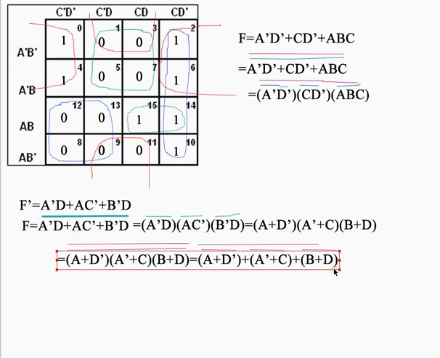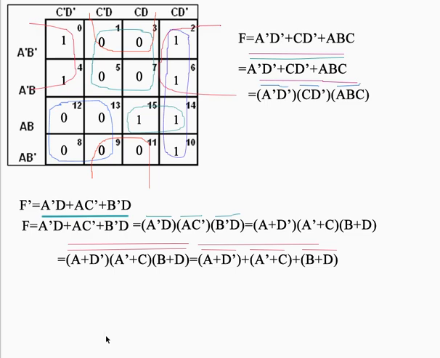If I stop at this point and don't do anything more with these little complements, then I have a NOR only implementation, because this is going to be a NOR gate right here, and then I have another NOR gate, then I have another NOR gate, and then all of the three terms will be combined with a NOR gate. So I have a NOR only implementation.